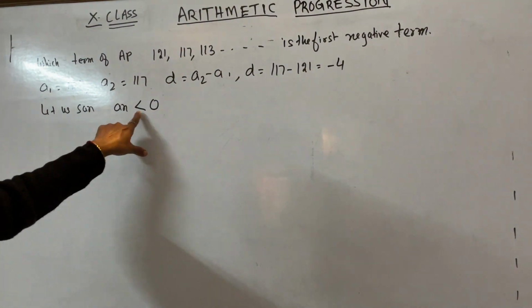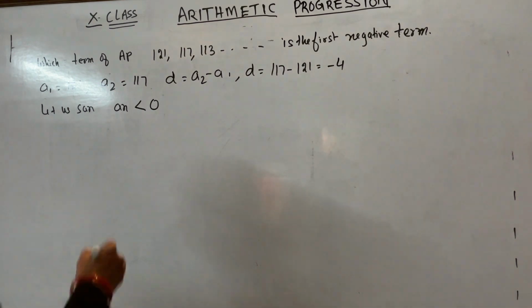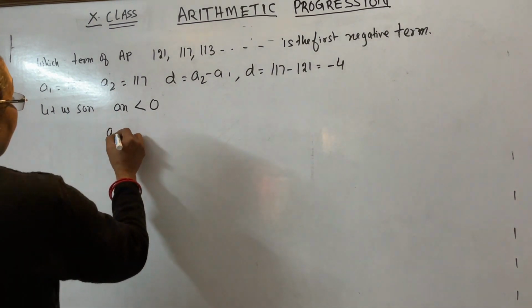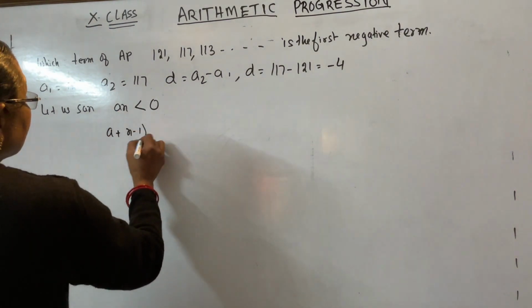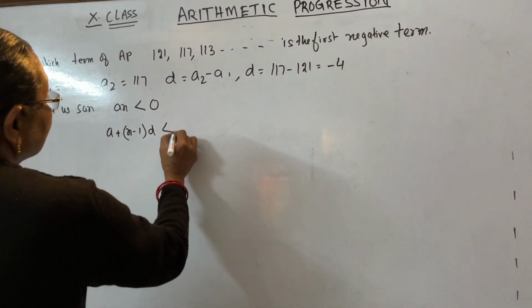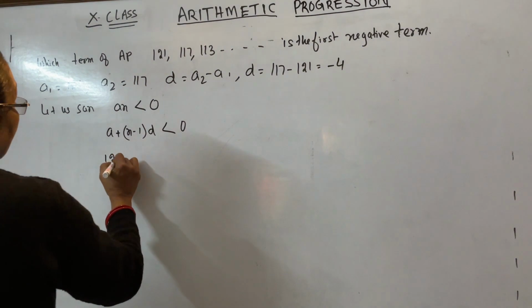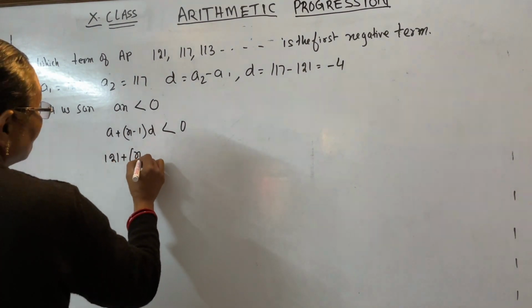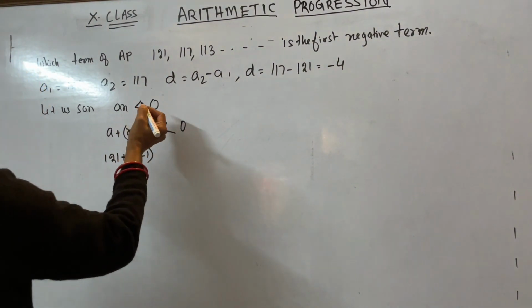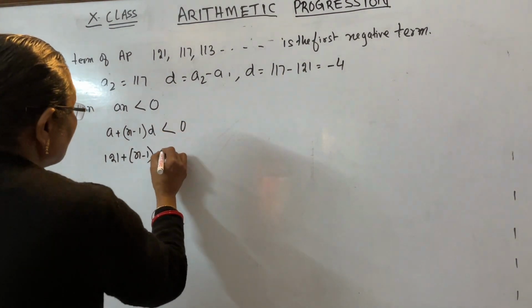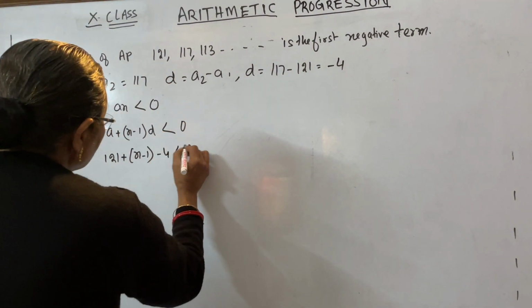The nth term is less than 0. Now put the formula of nth term, a plus n minus 1 into d, that is less than 0. A is what? 121 plus n we don't know, n minus 1, d is minus 4, that is less than 0.